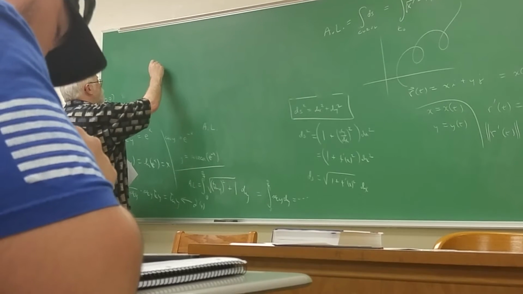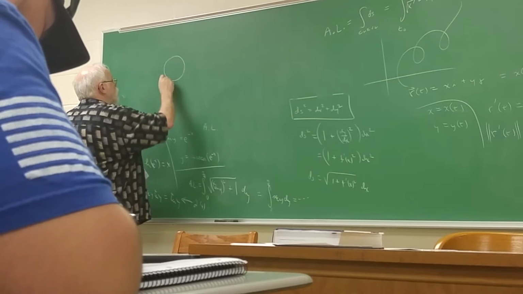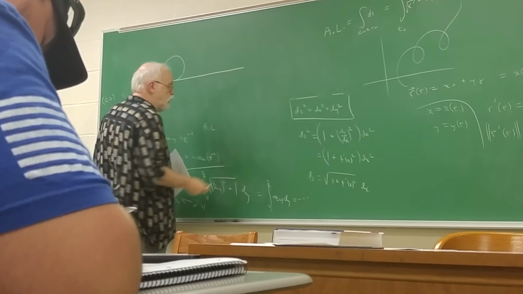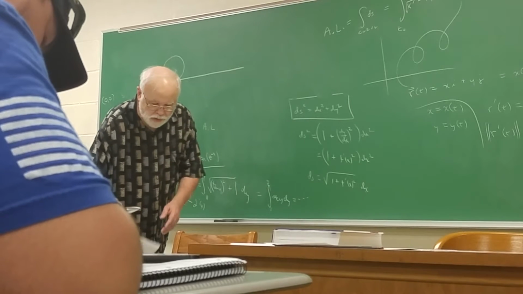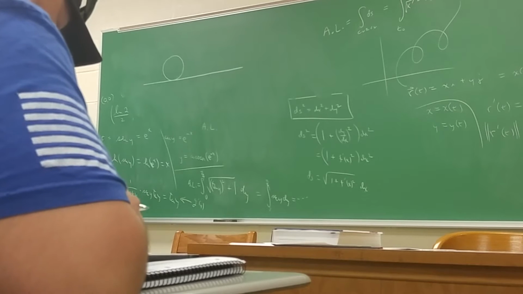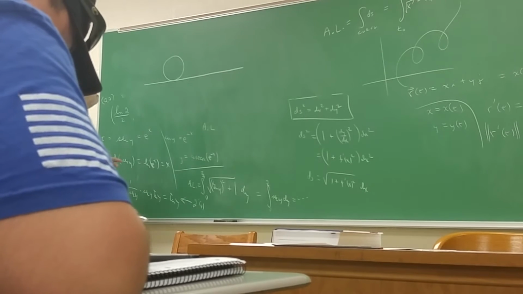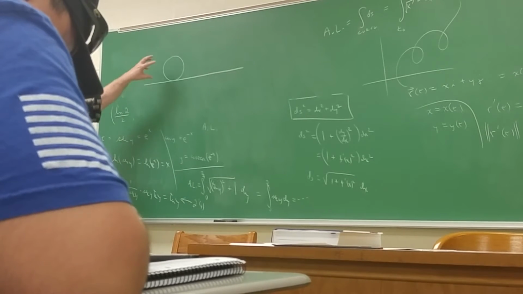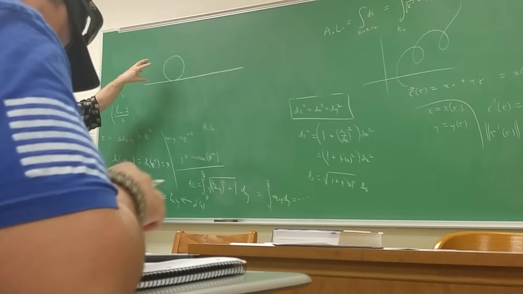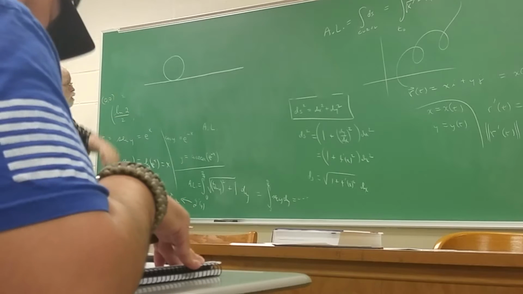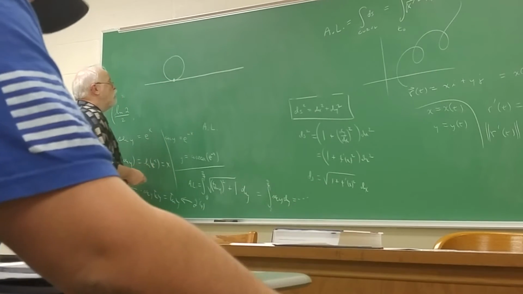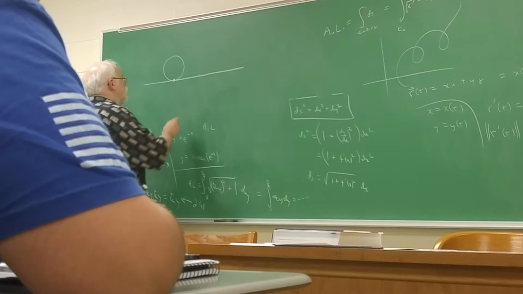So anyway, the cycloid, and you might have already studied the cycloid in calculus 2, but I think you can stand seeing it again, and I'm going to put more wrinkles on it than you probably got in calculus 2. But anyway, what happens? You've got a circle sitting on a straight line. What are we going to do with the circle? Put a point on it somewhere. Well, how about right there? And then roll it along.